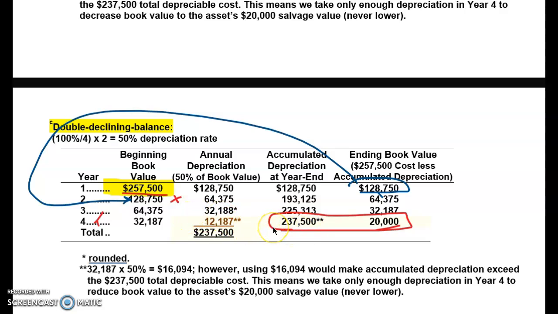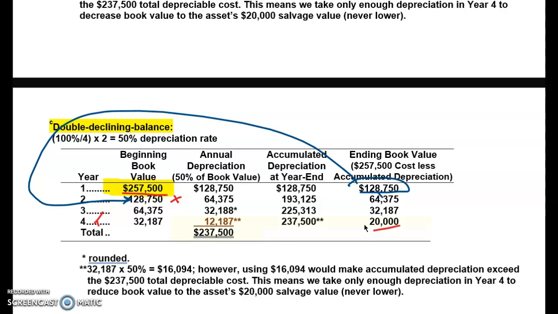But the difference, okay, between 237.5 and 225.13 is 12,187. Add up these four numbers is 237.5. Accumulated depreciation is obviously 237.5, and now we have cost minus accumulated depreciation and a book value of 20. That's how we make double declining balance work.